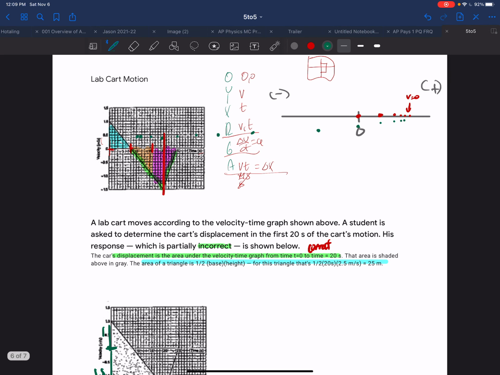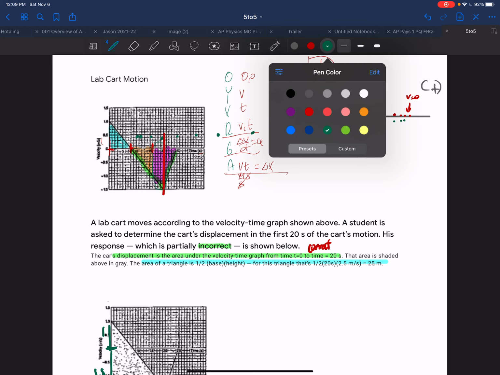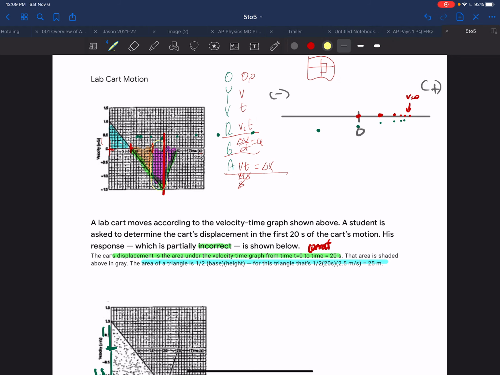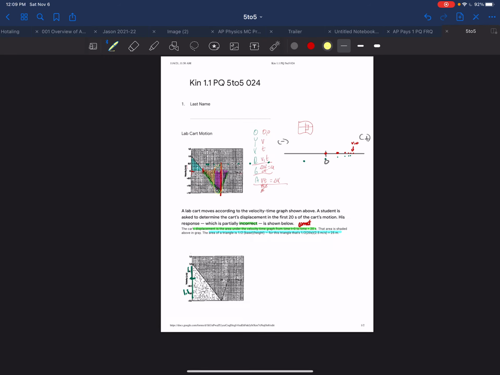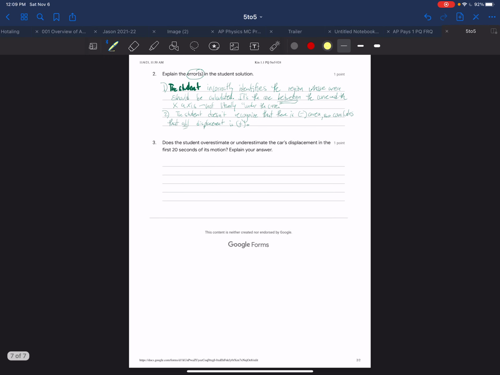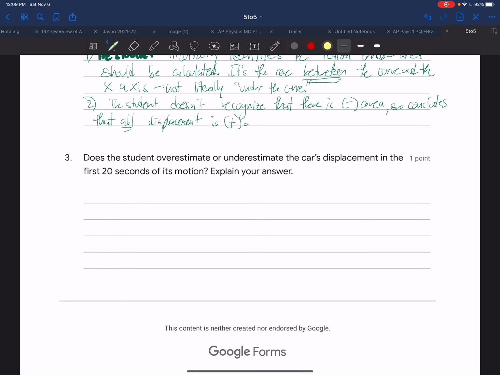We said that this here is the displacement. This student has this gargantuan number. So, the student overestimates the car's displacement.